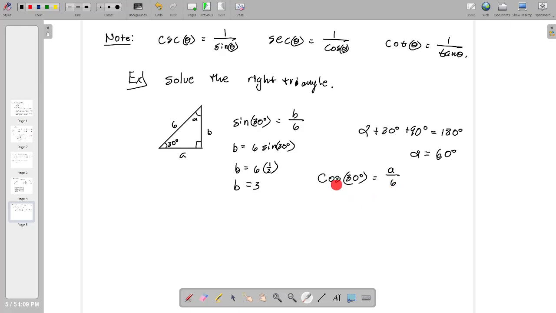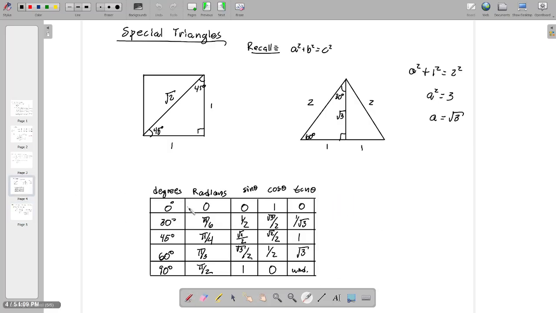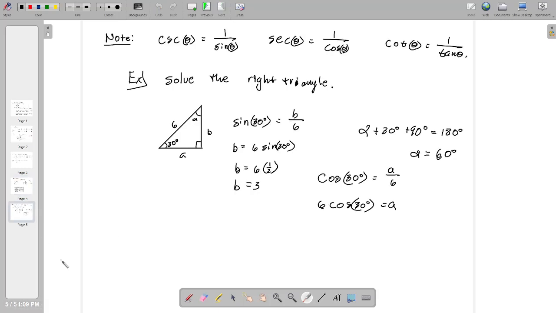Then we can multiply the 6 over just like we did before. 6 cosine 30 degrees is going to equal A. Then we just need to figure out what cosine of 30 degrees is. 30 degrees, cosine is root 3 over 2. So A is equal to 6 times square root 3 divided by 2. Cancel here. We get that A is equal to 3 root 3.